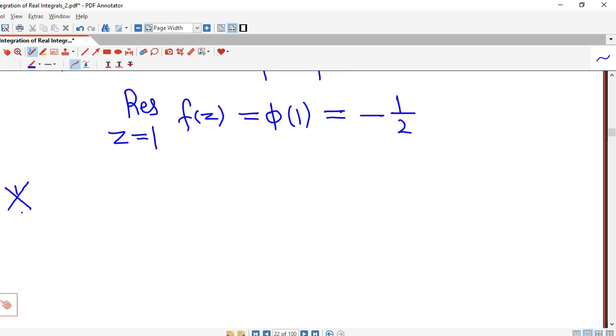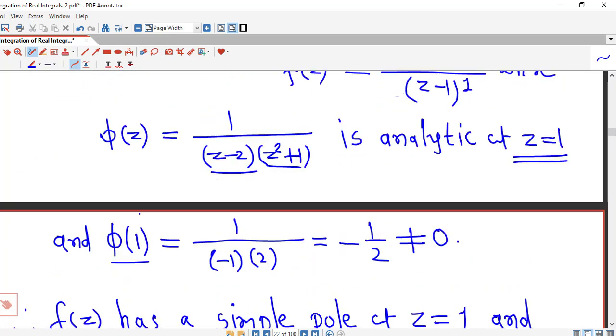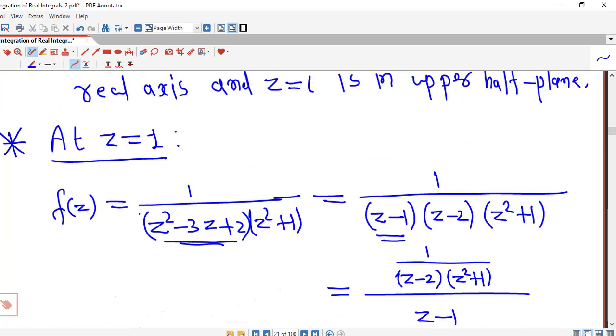Similarly, we calculate the residue at z equal to 2. So in this case, we keep z minus 2 in the denominator, and we consider the remaining portion in the numerator.